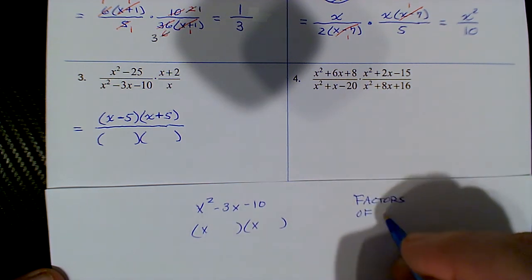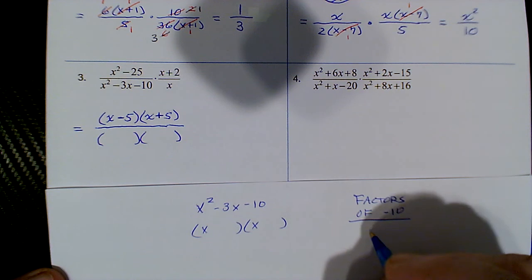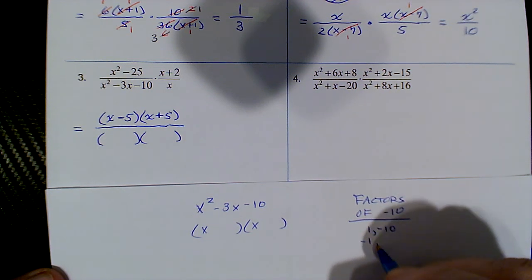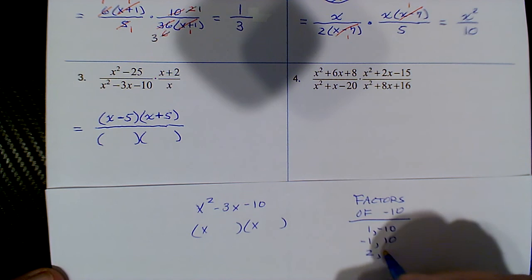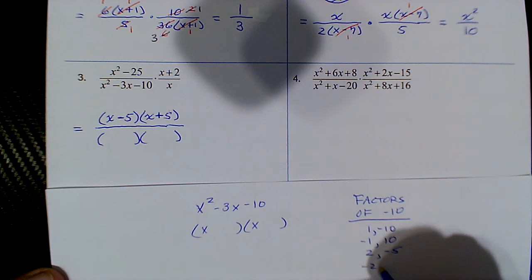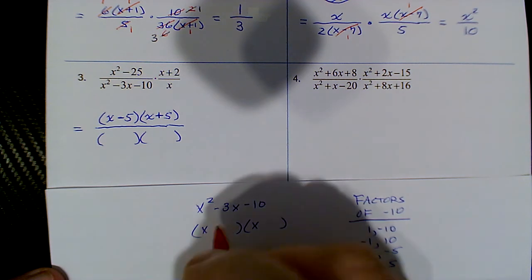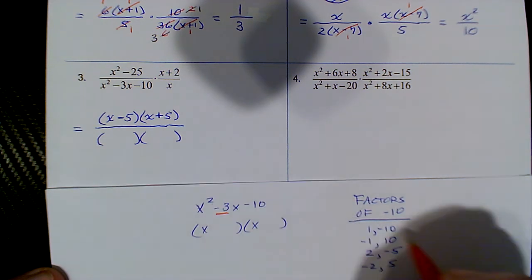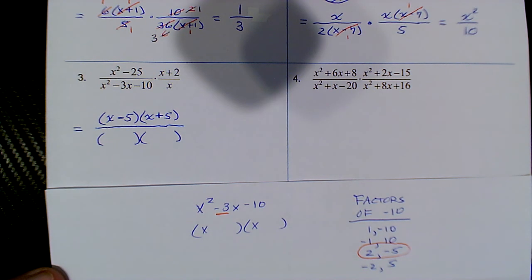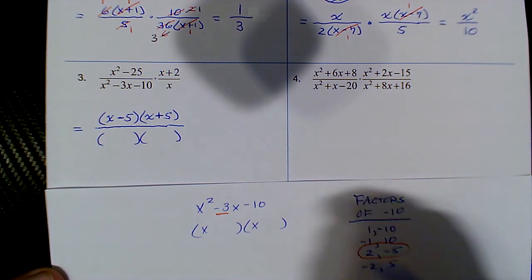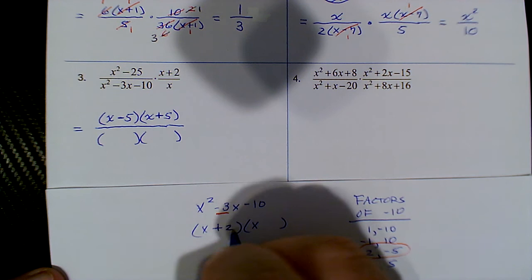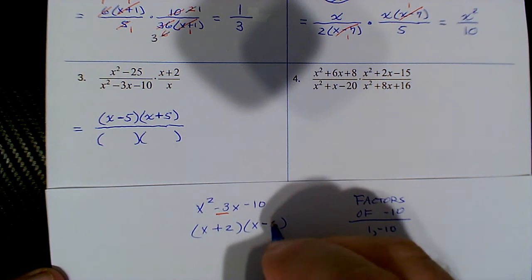So the factors of negative 10 are 1 and negative 10, negative 1 and 10, 2 and negative 5, negative 2 and 5, and that's it. And so the pair of factors that combine to give us the negative 3 are the 2 and the negative 5. So this would be x plus 2, x minus 5, or vice versa.